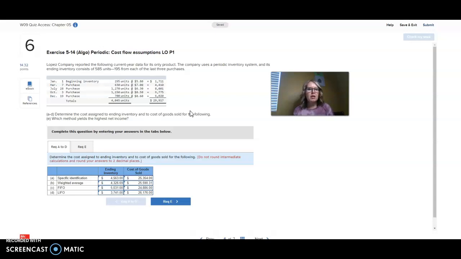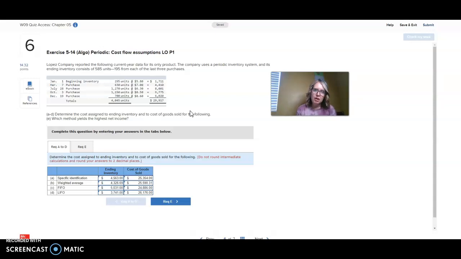And then you take the second purchase on March 17th. You're going to take that 630, you're going to subtract it from 585 so that you know what you have left. So if that's 290, multiply that times $7 and you get 2,030. You're going to add those two numbers together, and you get 3,741.